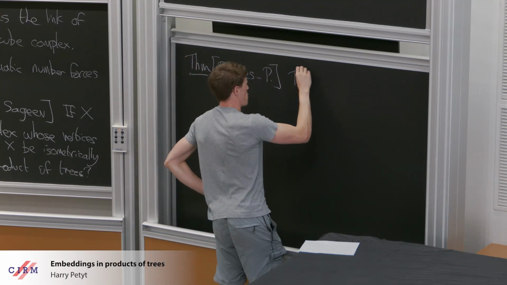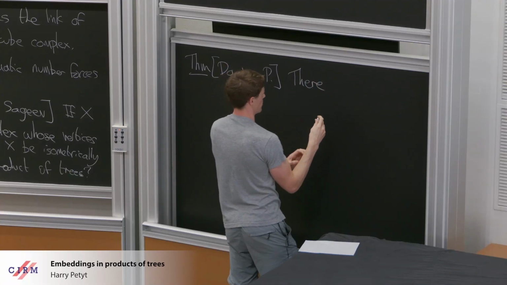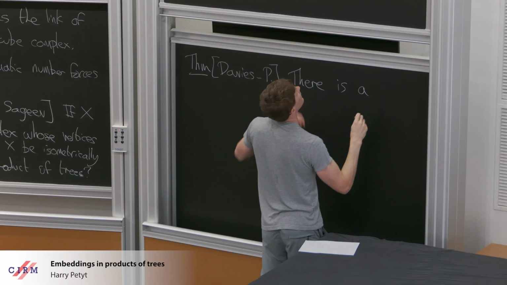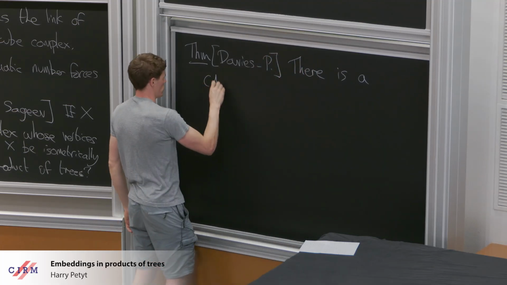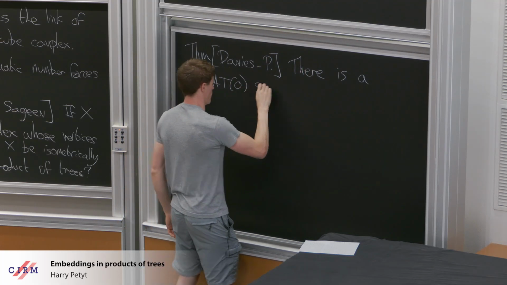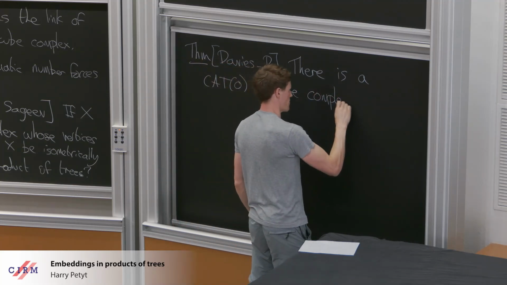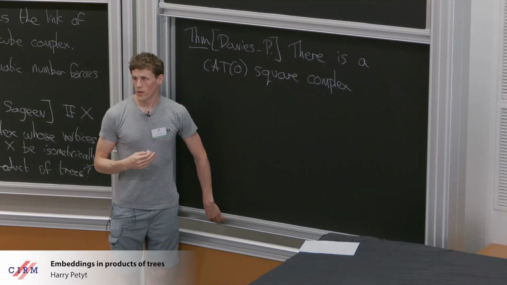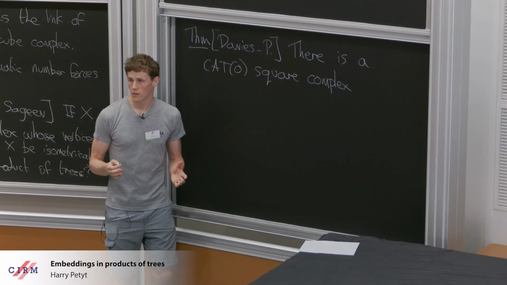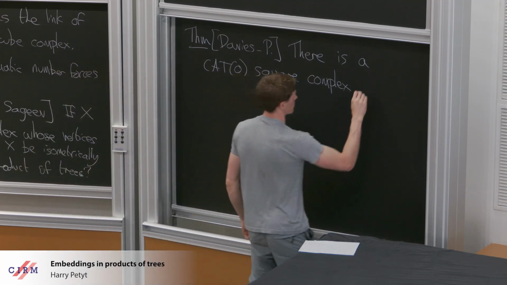We show, in some sense, as small an example as you could wish for, really. There is a CAT(0) square complex, so 2-dimensional, and the vertices in this CAT(0) square complex have degree at most 5. And it still can't be isometrically embedded in a finite product of trees.